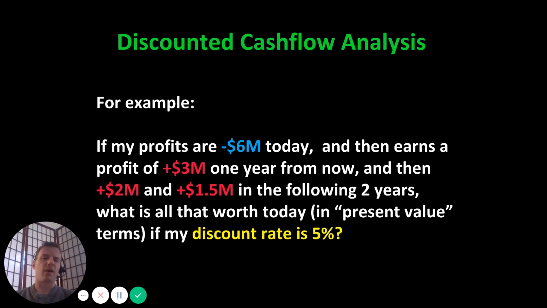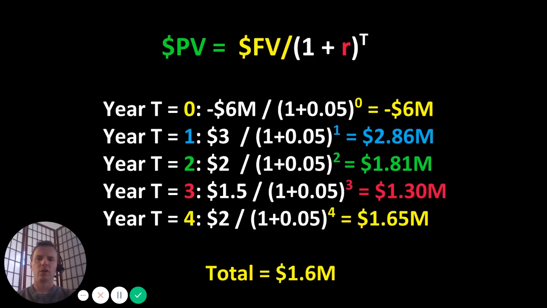And then in the following 2 years after that, plus $2 million and plus $1.5 million. How can we put that all in terms of a single present value, if my discount rate is 5%?